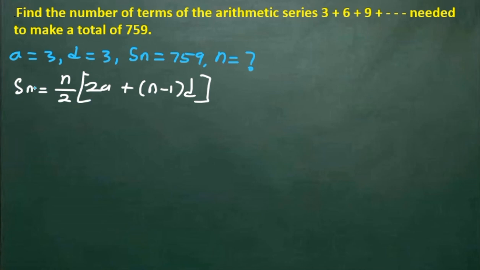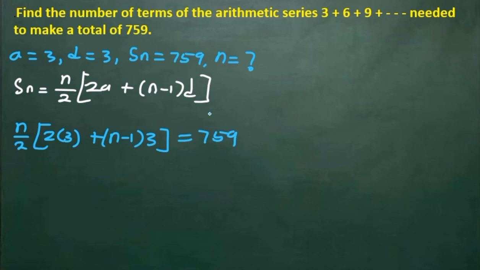So in this case, what do we know? I'm going to send the sum Sn to the right hand side. So we have n divided by 2 times the bracket 2a, which is 2 times 3, plus n minus 1 times 3, which is the common difference d, equals 759. Okay, so let's go ahead and simplify this.